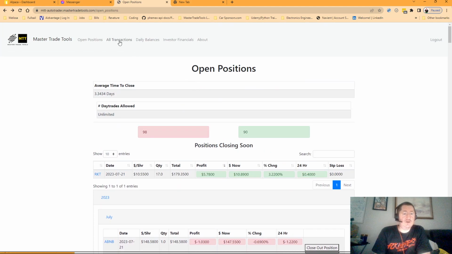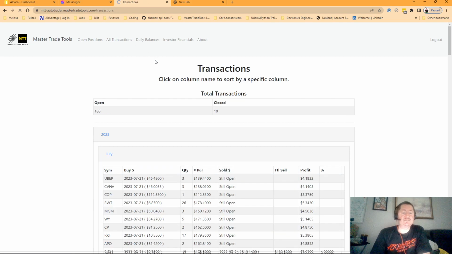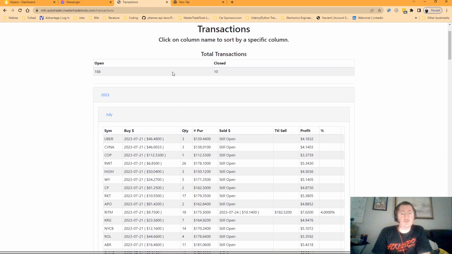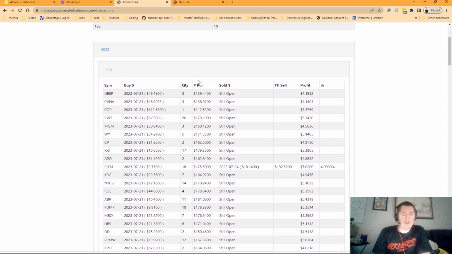Moving on, we have our all transactions page. This page is going to show you all the transactions that were created and how many have been closed. In this case, it has opened 198 positions in 2 days, and it has closed 10 of those positions.